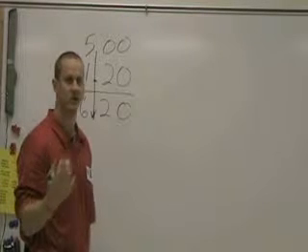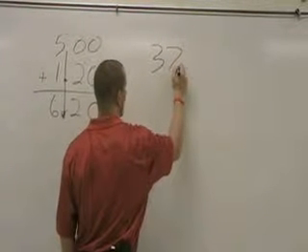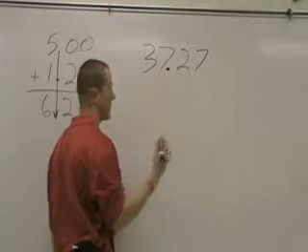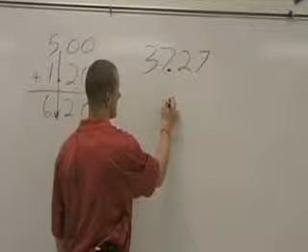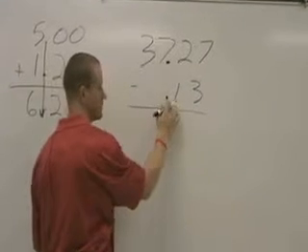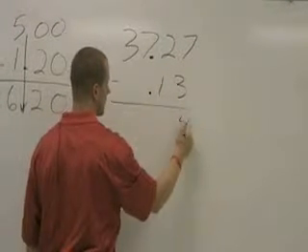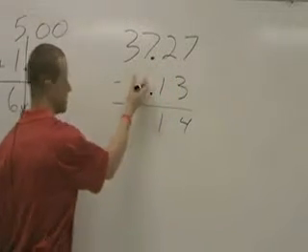Well, subtraction works the same way. You had 37 and 27 hundredths. And let's say you want to subtract 13 hundredths. So here we go. 7 take away 3 is 4. 2 take away 1 is 1. 7, oh, there's nothing here.